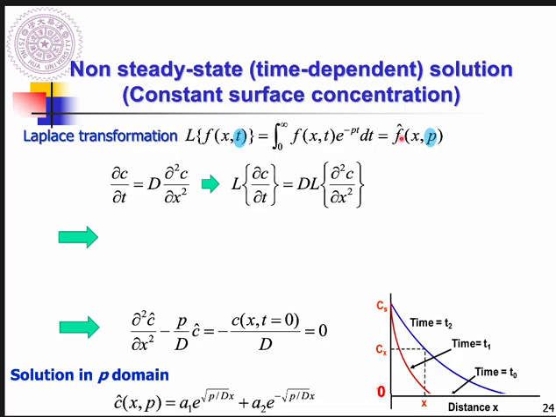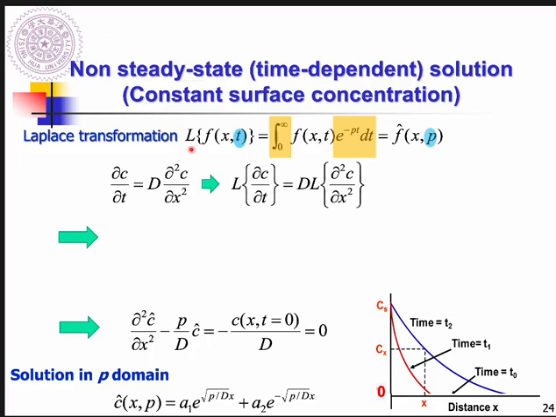So how do we really convert the f function from the t domain to the p domain? You just multiply by the exponential of negative pt and integrate along the t domain from 0 to infinity, then you have successfully performed the Laplace transformation from the t domain to the p domain.